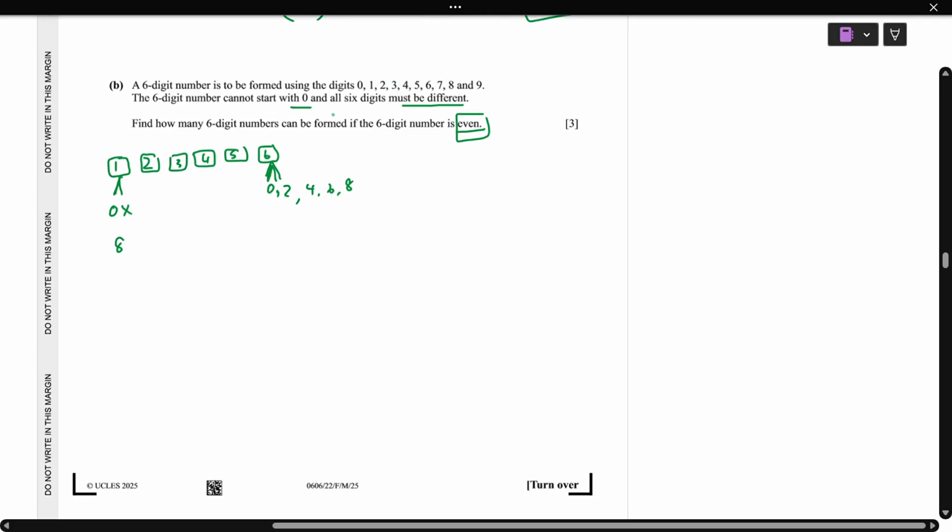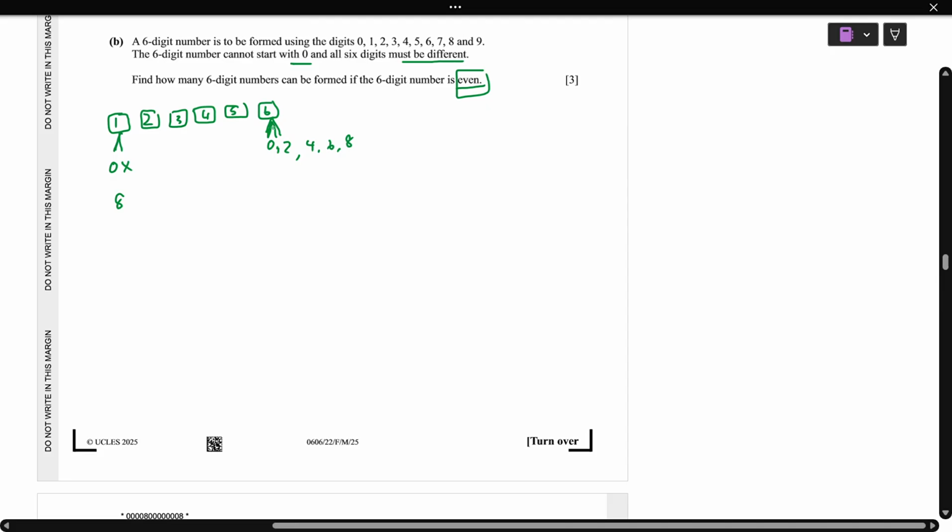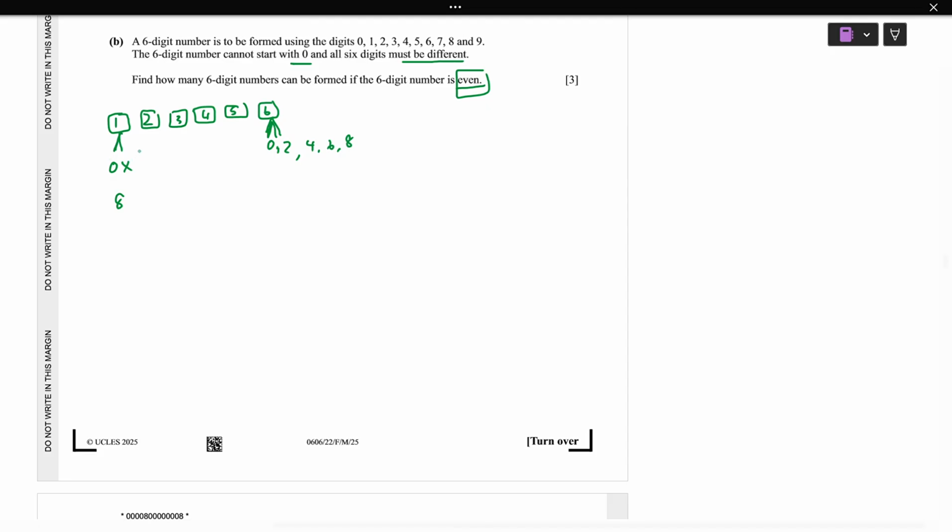Here the last digit we already chose 1. The first digit cannot be 0, then 2 digits are gone, so remaining 8 digits are there for the first digit. Now the second digit: the last digit has already been chosen, the first digit has already been chosen, so there are 8 possibles. So 2 numbers are already gone. The next digit is going to be 7 possibles, this one 6 possibles, and this one 5 possibles.